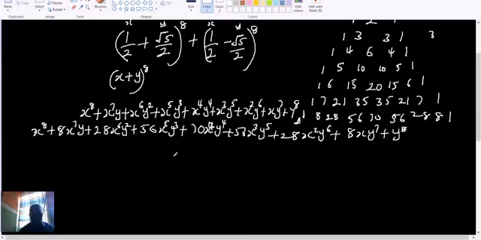Can you see? The expansion you see here is for this one.